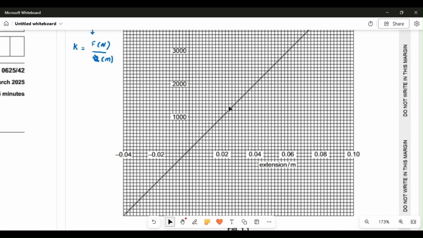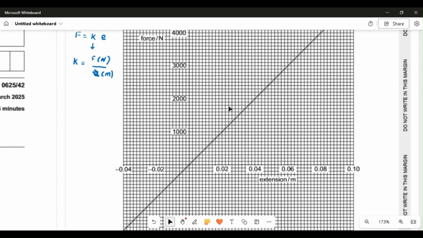For that I would need to choose 2 points. The points that I am going to choose are the simple points. I'm starting from 0, 0, and I am going to this point, that is 0.08 and 4000. If I draw the line, this line shows the run, and if I move downward, this line shows me the rise.